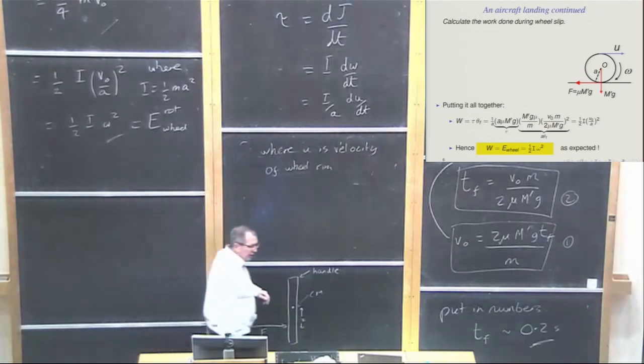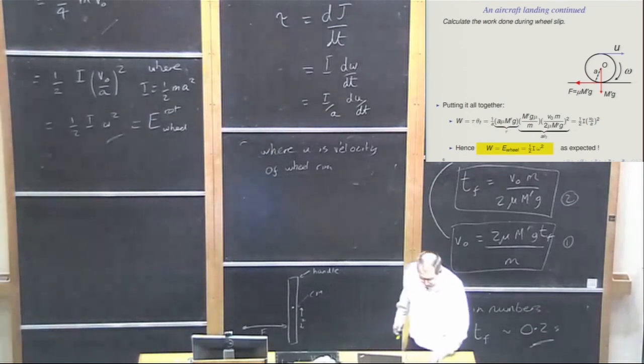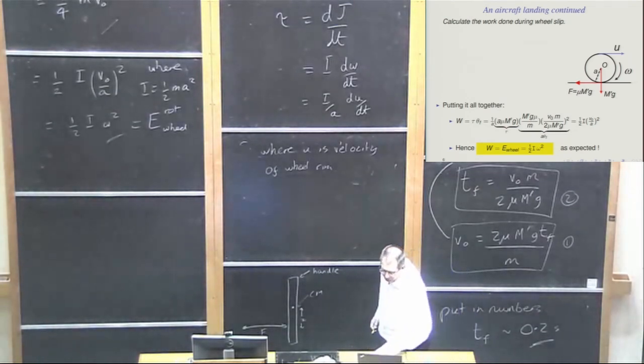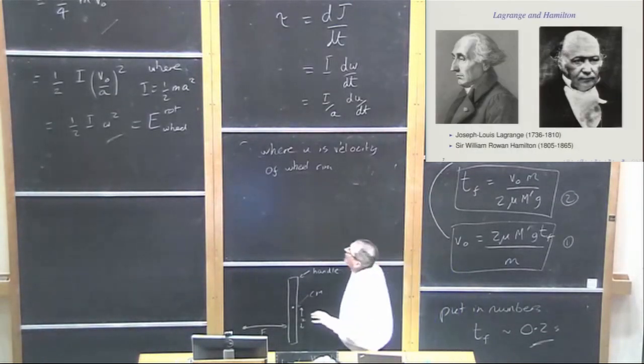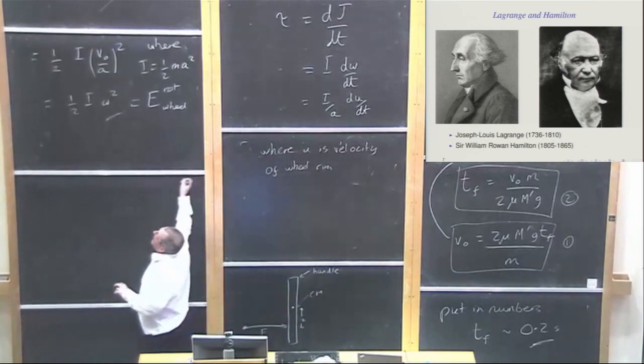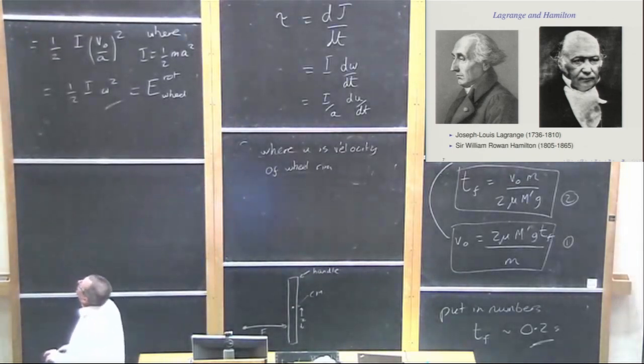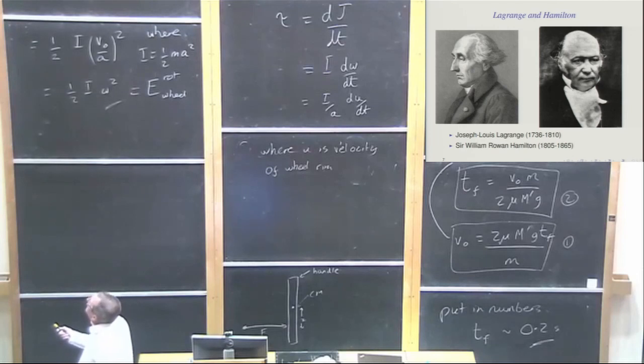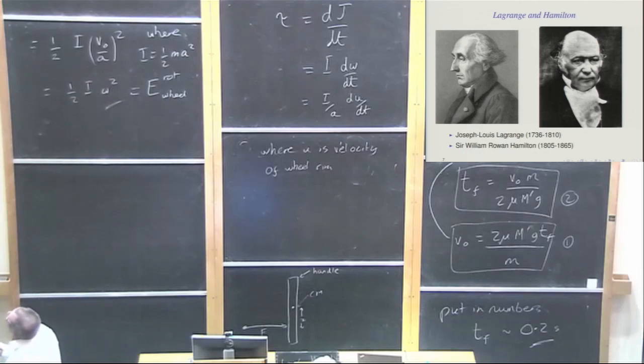Now we're going to switch gears to something completely different, which is a branch of mechanics which was developed by many people, but in particular these two gentlemen. So Joseph Louis Lagrange and this Irishman William Hamilton.